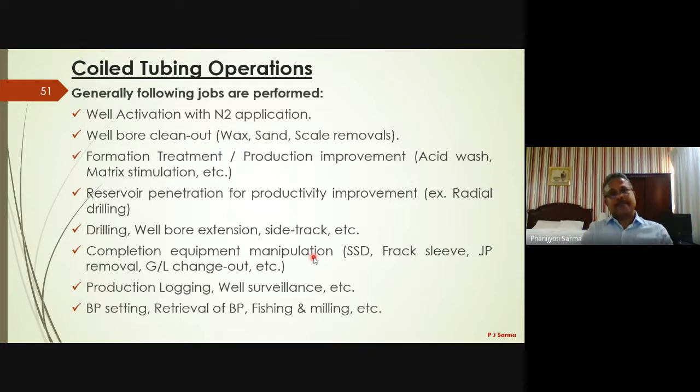Then setting the bridge plug, the mechanical isolation we talked about earlier during the well intervention, when there is a monobore completion, or even the tapered completion, with the inflatable bridge plug. This bridge plug setting can be done with coil tubing. Then retrieval of the bridge plug, milling operation and fishing operation can be done. Those are the operations done with coil tubing, and then cementing.